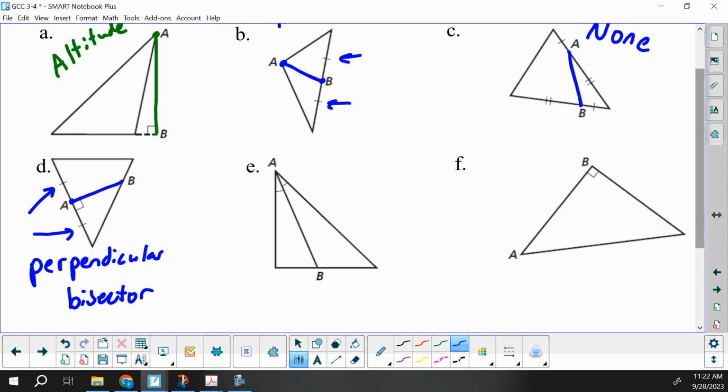And if you didn't want to write the whole perpendicular word, you are free to use our perpendicular symbol, that upside down capital T. AB in our next one, notice it comes from the vertex, and we've got these angle markings that they're congruent. Well, if you got those congruent angle markings happening in those smaller angles on the vertex, this is just an angle bisector.